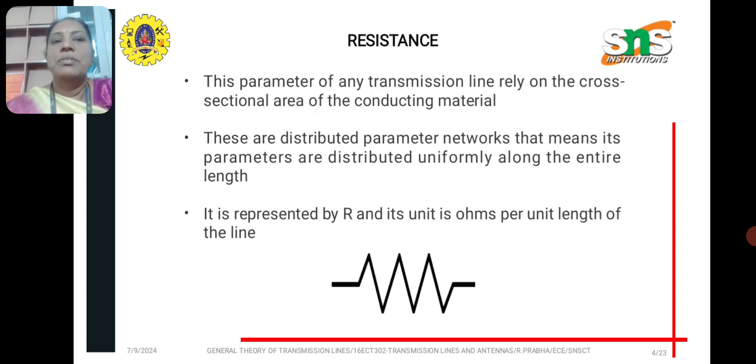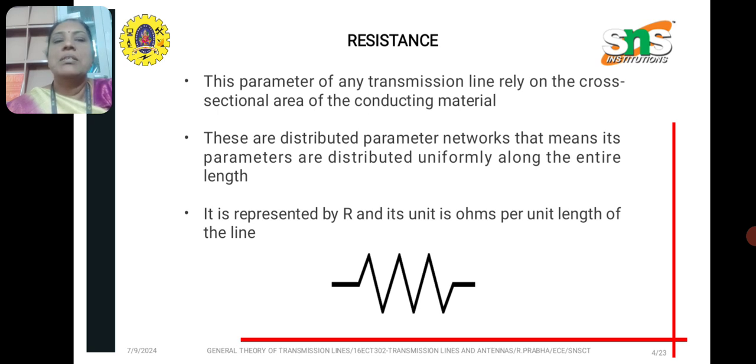The first parameter is resistance, and this parameter of any transmission line relies on the cross sectional area of the conducting material. These parameters are distributed parameter networks. That means the parameters are distributed uniformly along the entire length of the transmission line.